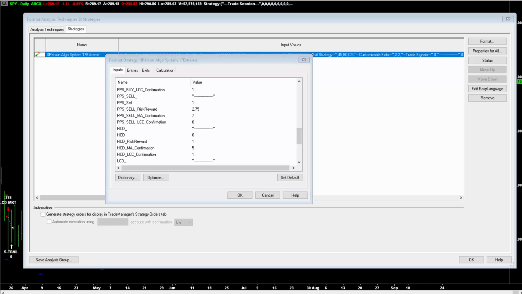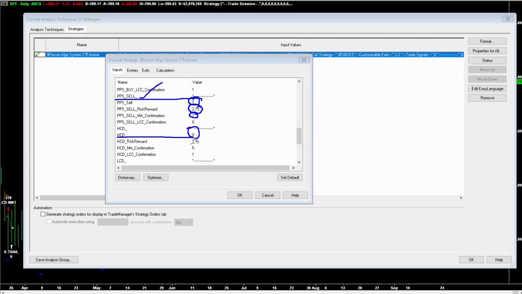This is unique. The PPS sell signal. We actually have determined using the S&P 500 that it's looking like we have a better risk reward with PPS sell signals than we do with a low close doji, and it does give better confirmation of profitability using a moving average overlaid. Now, this is based on a daily chart, and if you see, 1 is true and 0 is false.